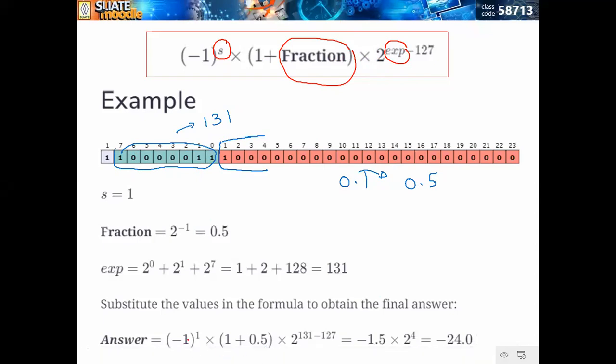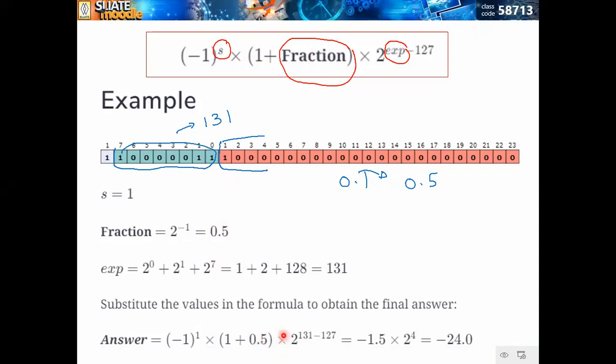Answer equals -1, the formula says, -1 to the power s, -1 to the power 1, because s is 1 here. Then the next one, multiplied by 1 plus fraction. We derived the fraction from this one, 0.5.